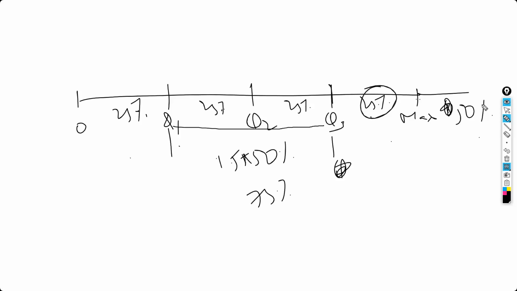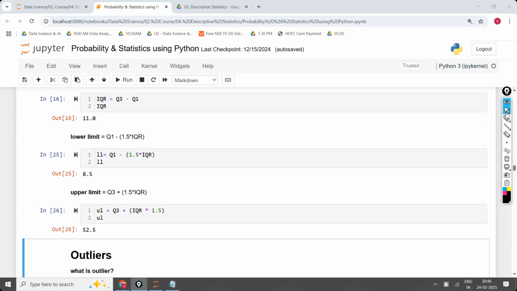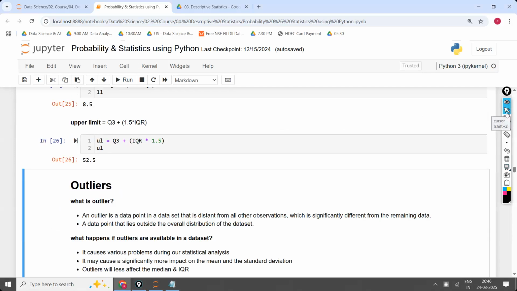Okay. Now, for example, tell me guys, what is meant by outlier? First, let me tell you what an outlier is. An outlier is something which is significantly different from other data points. For example, in this class, what is the students' age? Around 22, 23, 24, 25, 26. In this range only the students' age is there.